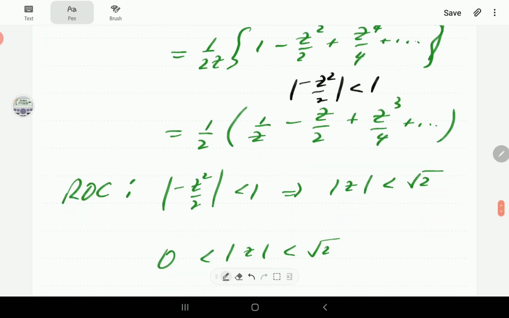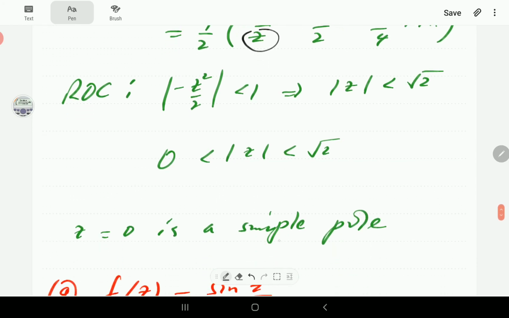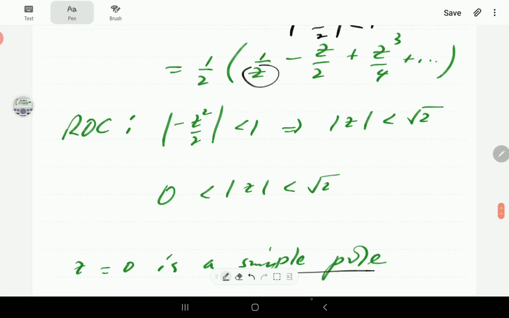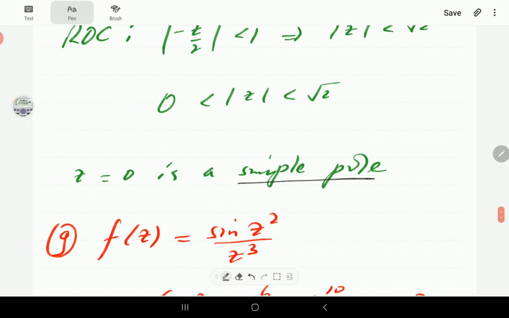Then multiplying through by 1 over z, we see that the highest negative power of z is 1, so it's a simple pole. In terms of the convergence of this series, it's going to be in this punctured disk here of radius √2.